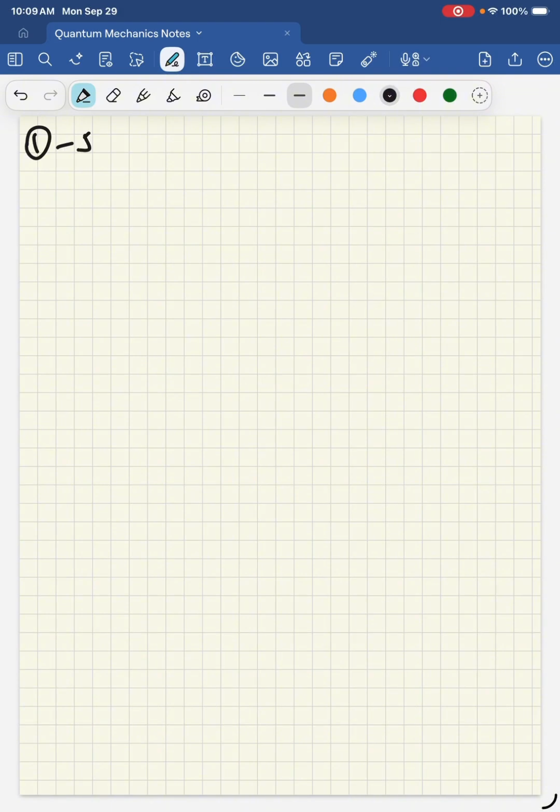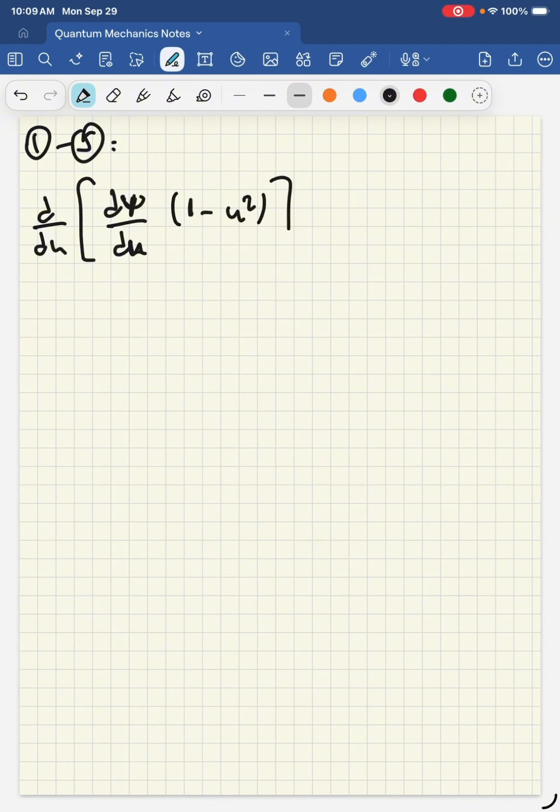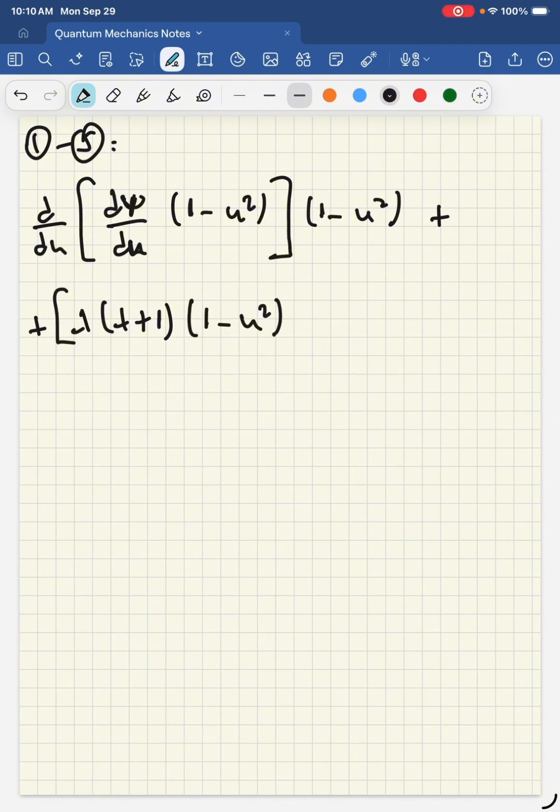So from 1 to 5, we get d over du of d psi over du, and now the wave function is a function of u, times 1 minus u squared, times 1 minus u squared, plus lambda times lambda plus 1 times 1 minus u squared, plus 2E.